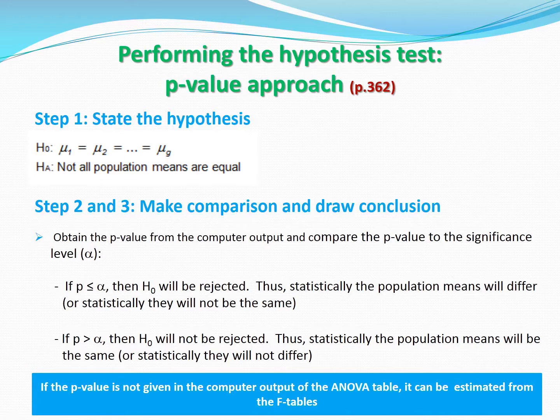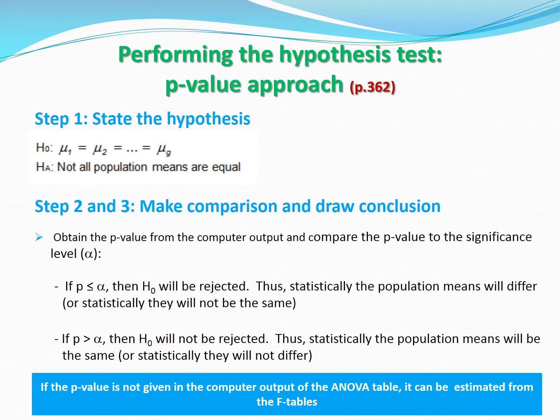But if your p-value from your computer output is greater than your significance level, then your null hypothesis will not be rejected. So it means that it will be true. So the population means will be the same, or statistically they will not differ.